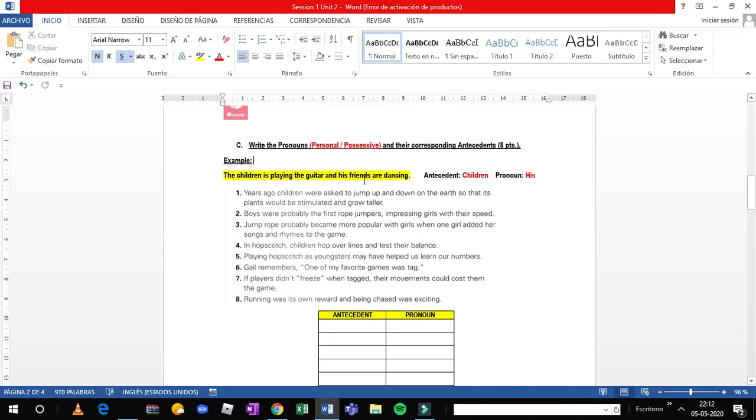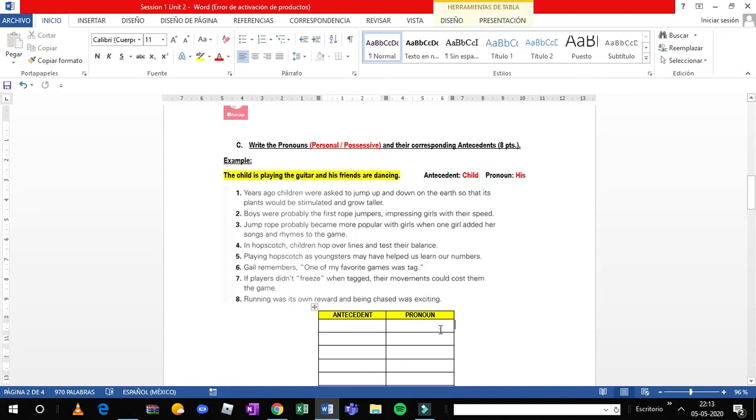Identify the possessive first. In this case, his. I will say the child rather than children because his is singular. The child is playing the guitar and his friends are dancing. Antecedent, child. His is the pronoun.